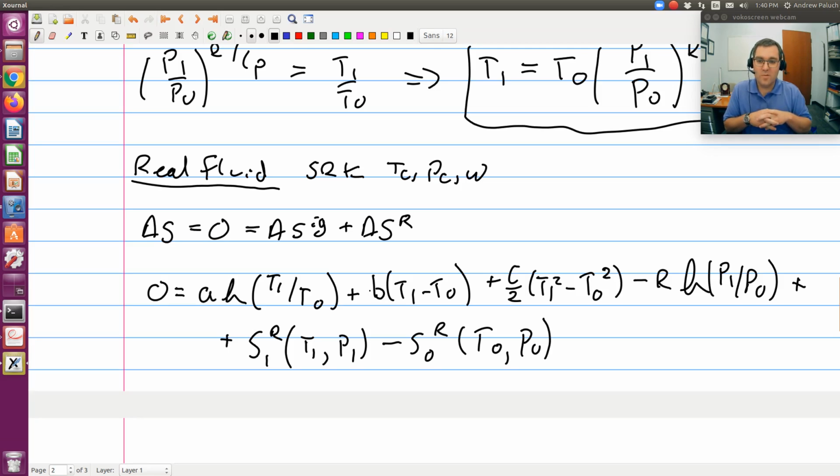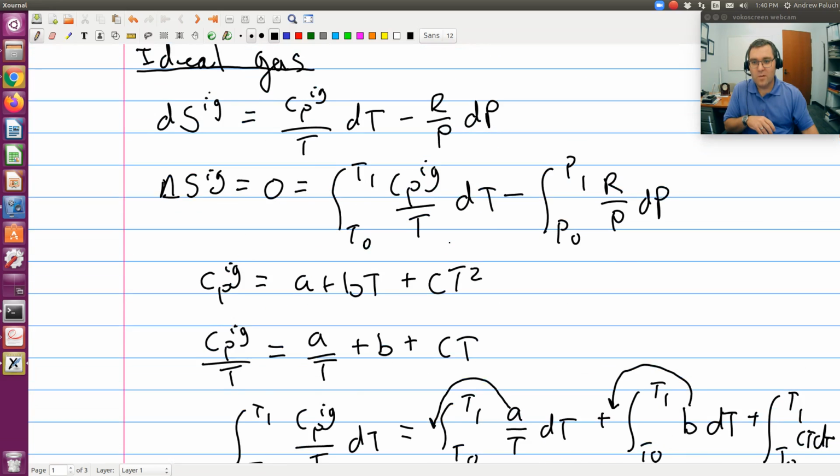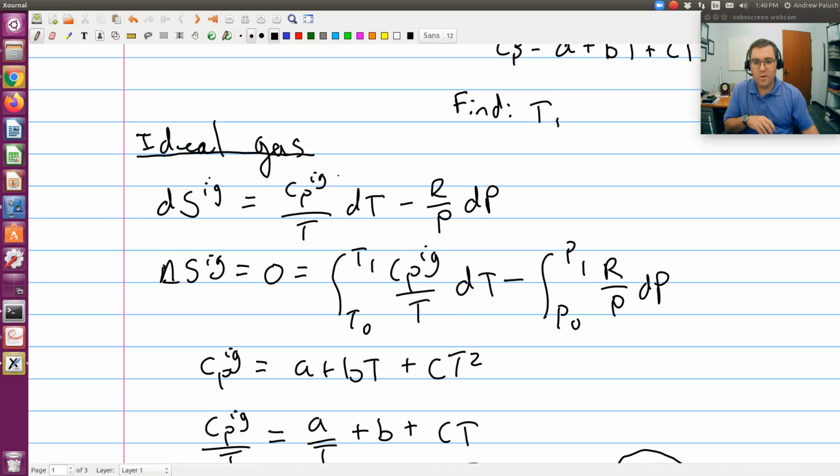In terms of delta S of an ideal gas, again, dT is 0, so this term would go away, and you would just have that pressure-dependent term to get you the change in entropy. That would give you delta H and delta S for an ideal gas.